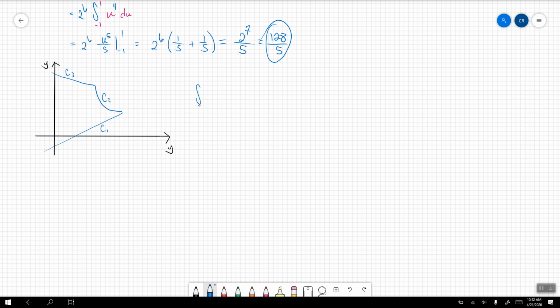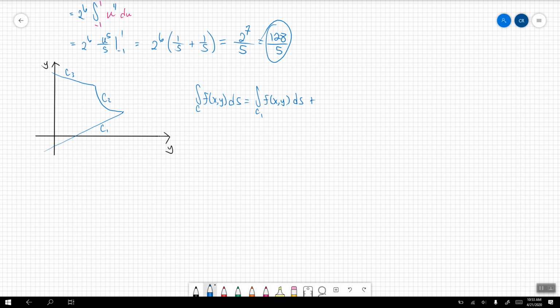Then when I'm looking at some line integral for this function over this curve ds, because it's not smooth, I can break it off into different pieces. The first line integral is going to go over curve 1, still using the function with respect to its arc length.